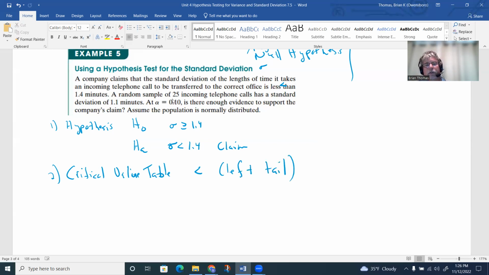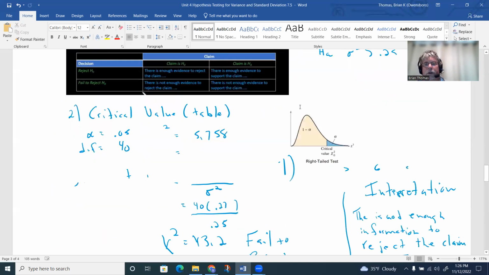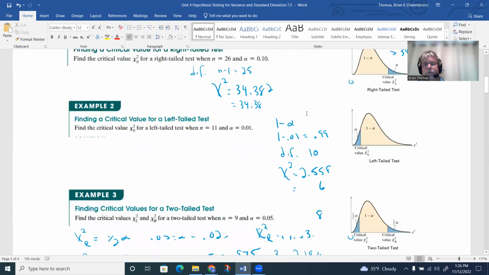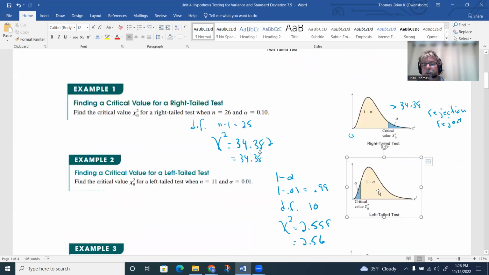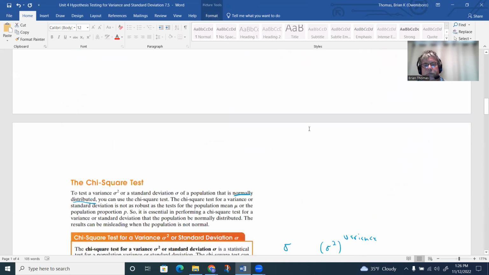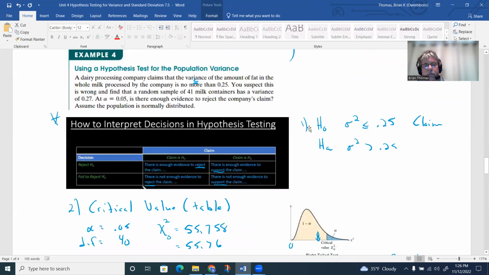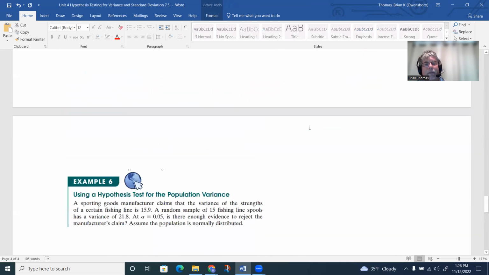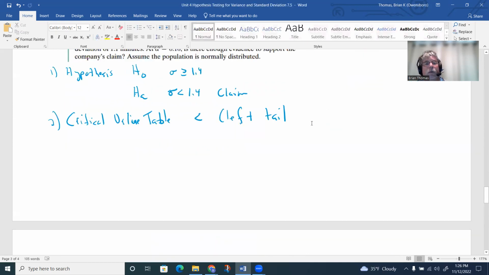So the left-tailed test should look something like this.